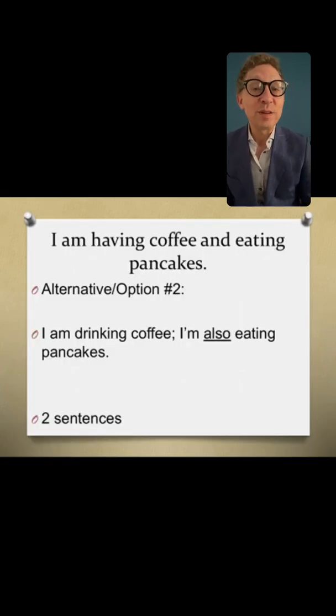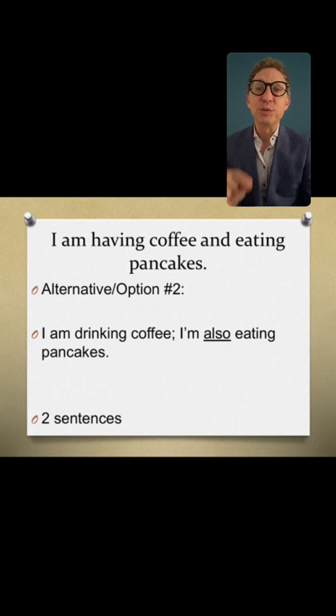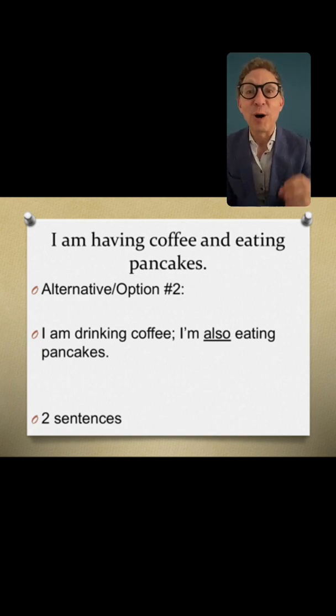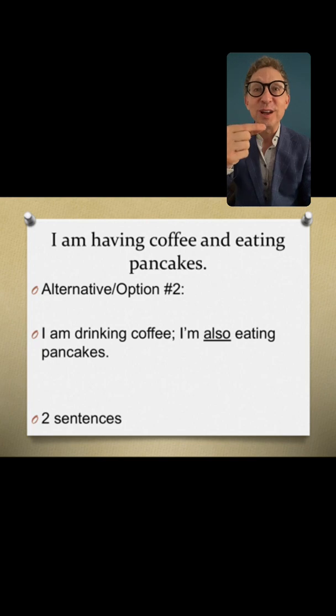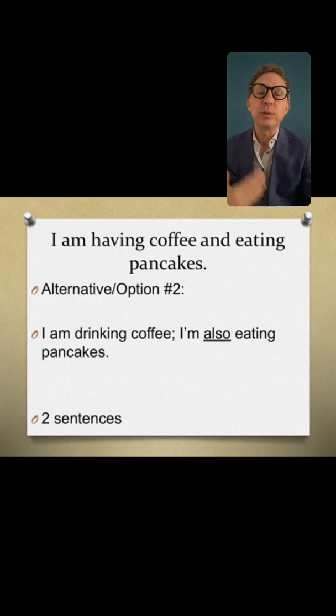Next we have also, but it's now in the form of a second sentence. I'm having coffee and eating pancakes. An alternative might be, I'm drinking coffee. I'm also eating pancakes. Now this is to underscore the fact that you're not just drinking something, you're also eating. And notice here we have emphasis.